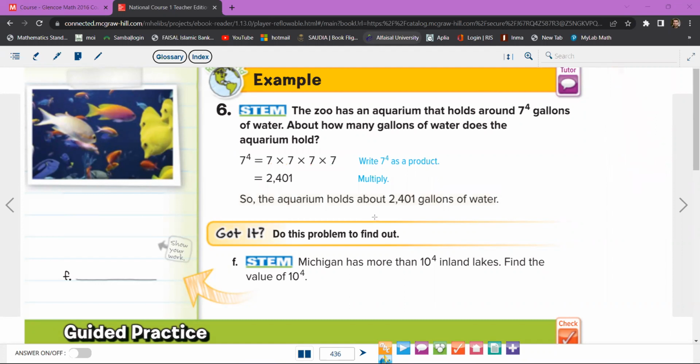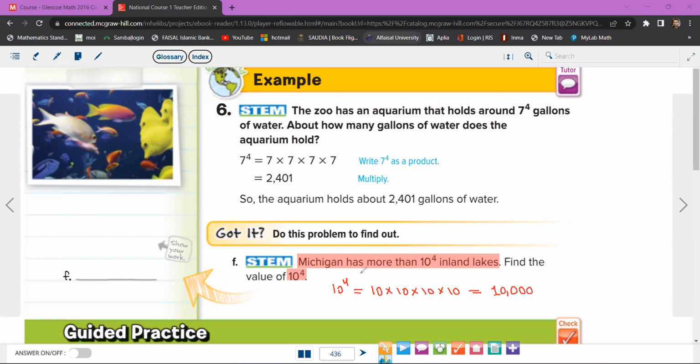Problem F. Michigan has more than 10 to the power of 4 inland lakes. Find the value of 10 to the power of 4. So 10 to the power of 4 equals 10 multiplied by 10 multiplied by 10 multiplied by 10, repeated 4 times, and this will give you 10,000.